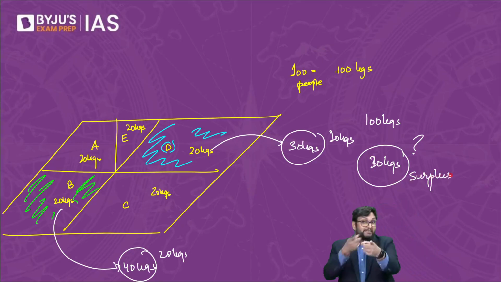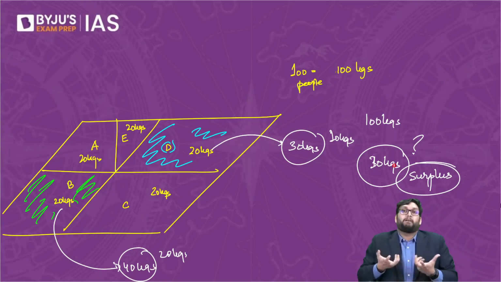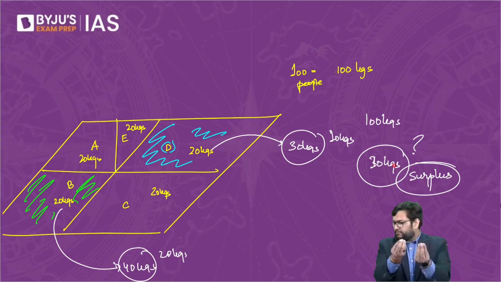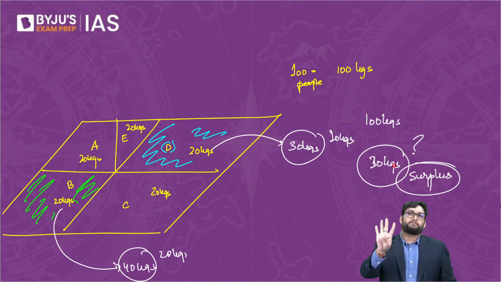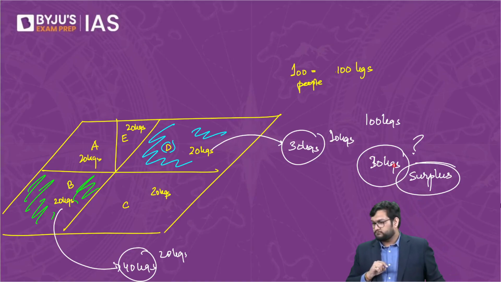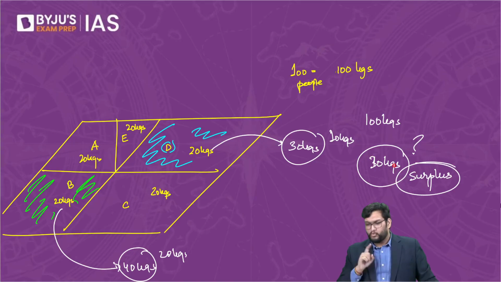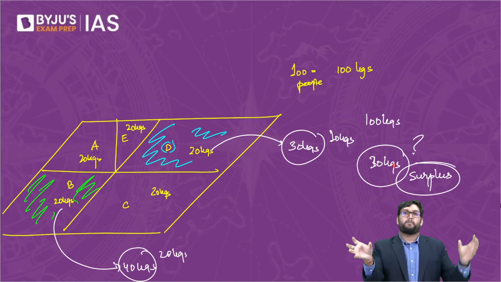Now, surplus is a very bad thing, because surplus creates power. I'll give you a very simple example, you'll understand it. 4 friends live in one flat. Everybody's salary is 10,000 rupees. Everybody contributes 100 rupees to food, and now they're ordering off Zomato. Can any one person dictate what will come? No, because everybody is giving 100. So there has to be consent, whether you want a pizza, a burger, or chole bhature.